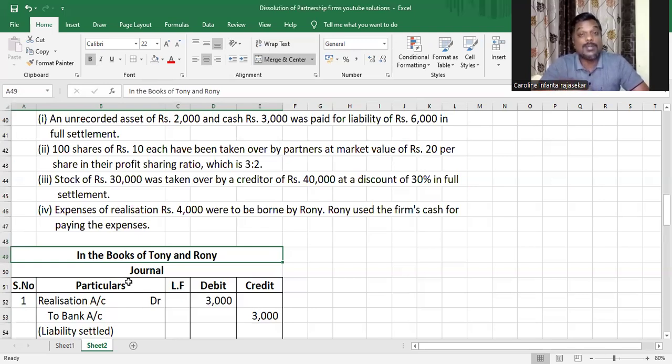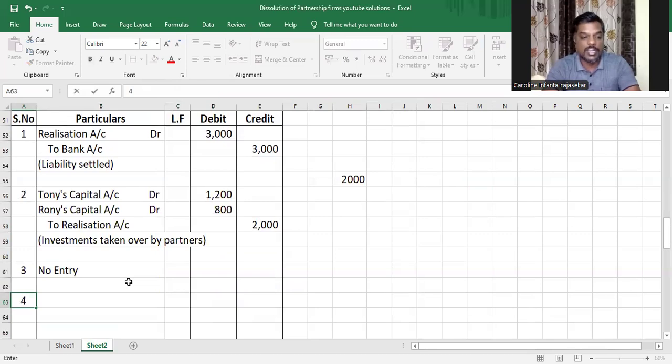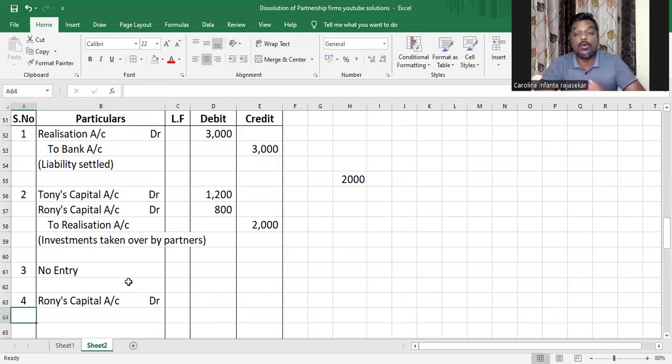But if the expenses are borne by a partner, it is an expense of the partner, and therefore partner's capital account has to be debited because the liability of the firm towards the partner reduces. So Rony's capital account will be debited. Did Rony pay out of his pocket? If Rony had paid his own expense out of his pocket, then there would be no entry here. But unfortunately, that didn't happen.